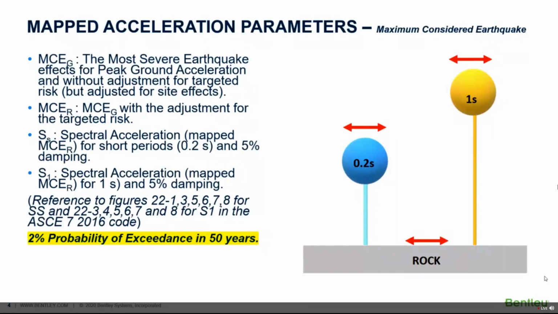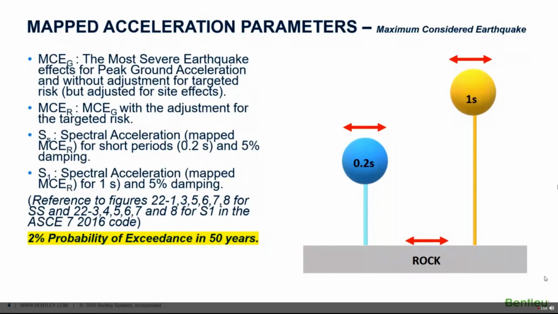To give you an idea of what site class B and site class C is, we will refer to Table 20.3-1, which says that site class B is made up of rock and site class C is made up of very dense soil and soft rock. So you will have the S_S and S_1 parameters determined in a site that is in between these two conditions.